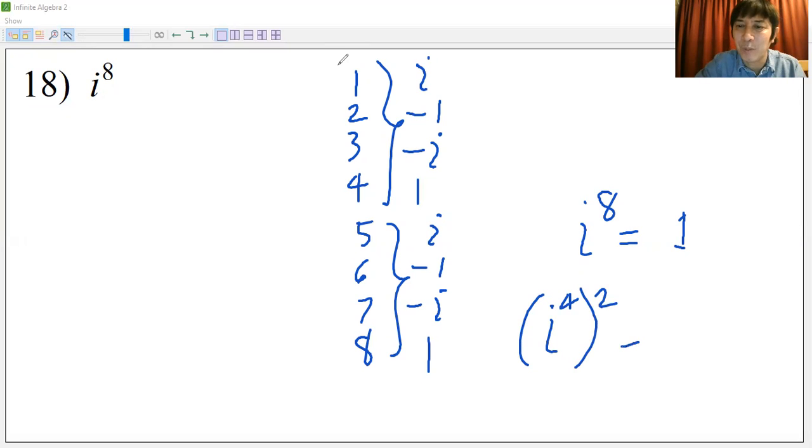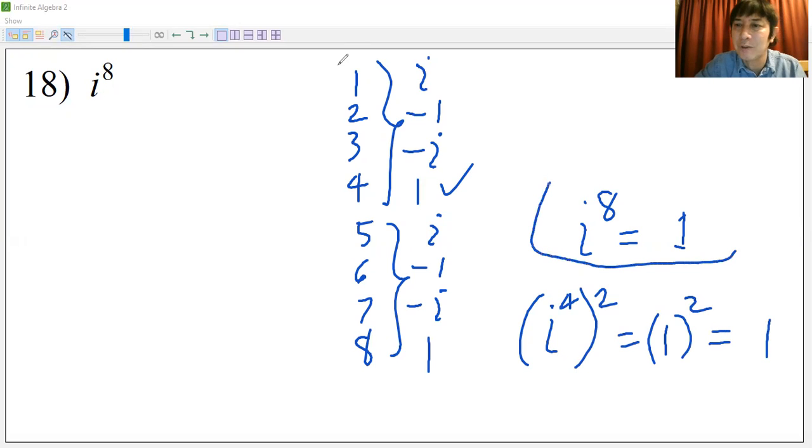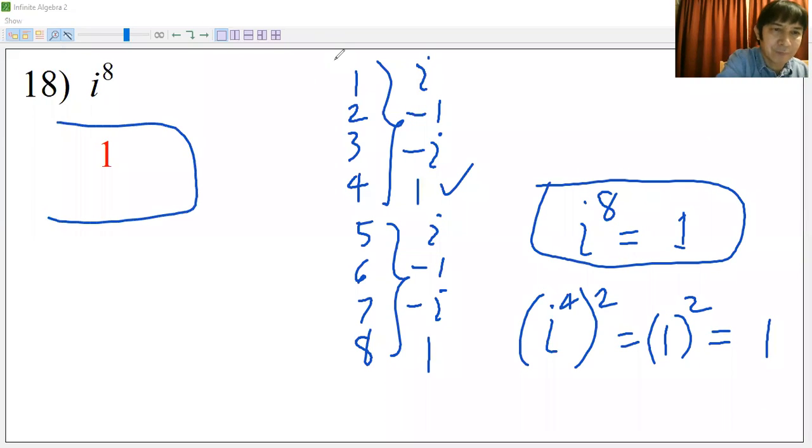But I to the 4th from here is positive 1, and positive 1 squared is positive 1. So I to the 8th is positive 1.